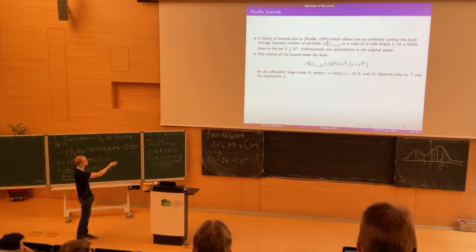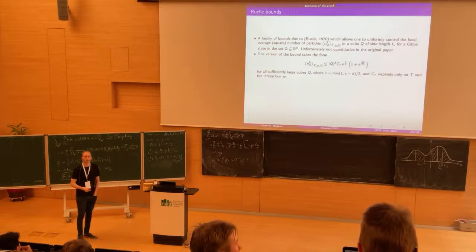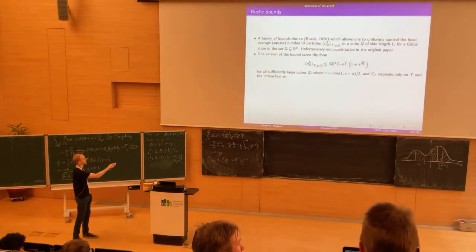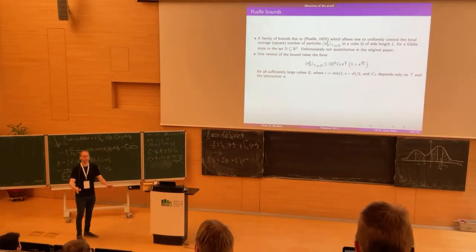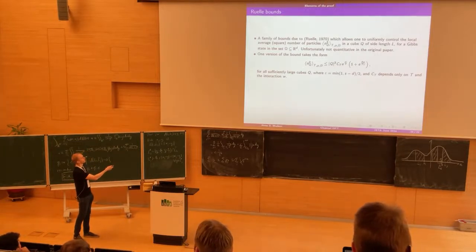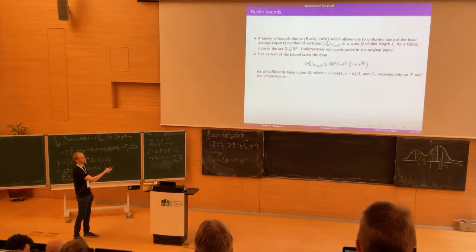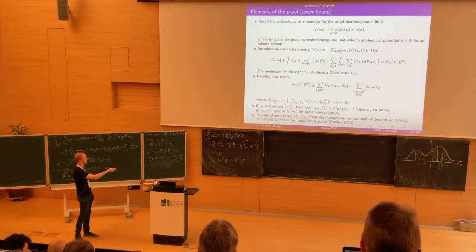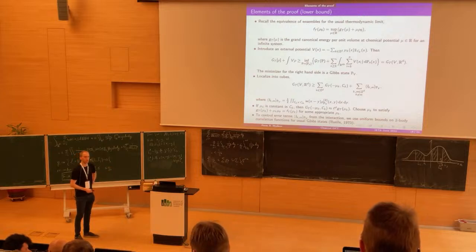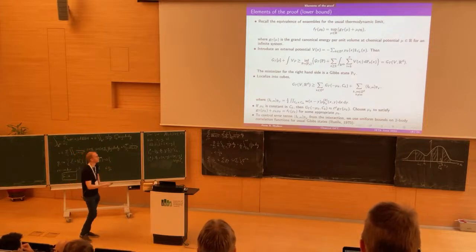You take a Gibbs state in a big set, and then you look at the local square number of particles in a cube. You can bound this uniformly with respect to the position of the cube and the size of the cube, something like this. This is what allows us to estimate the contribution from the interaction between our cubes.